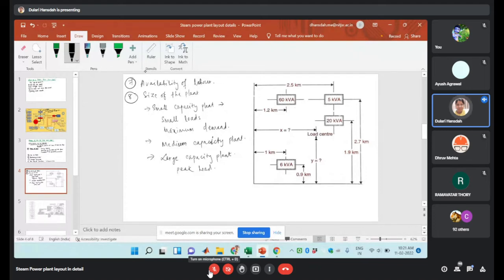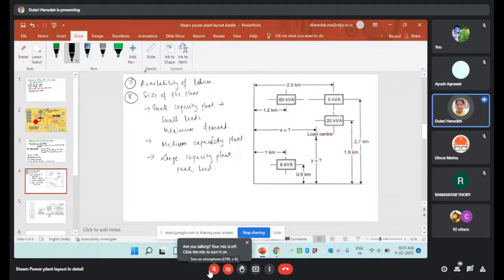During the overloading conditions, generally the steam turbines are overloaded, that means for 10 to 15% of the rated capacity.